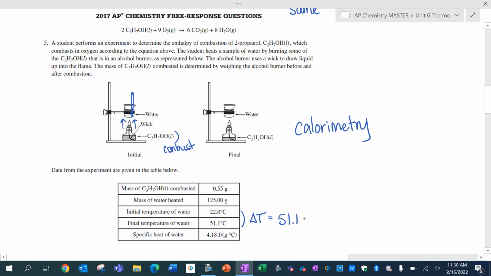It ends up at 51 and starts at 22.0. So your change in temperature of your water is 29.1 degrees Celsius. Notice how, since the water's temperature increased, that means it absorbed energy, which tells us that the reaction releases energy. So we'll keep that in mind as we go forward here.